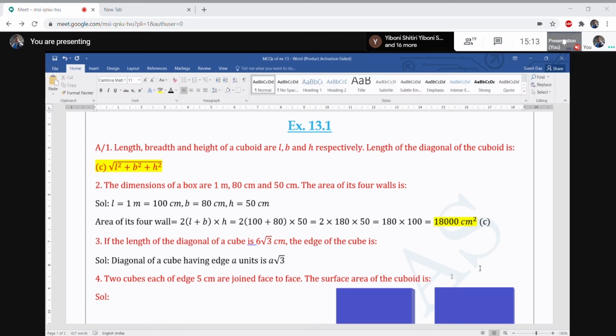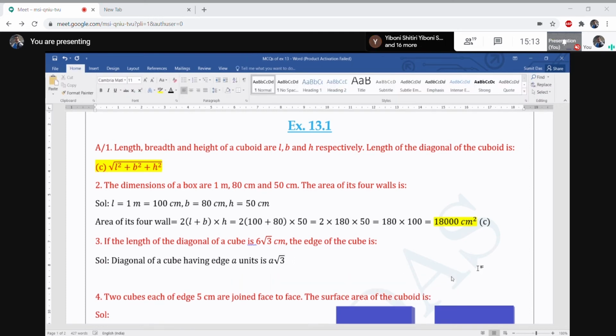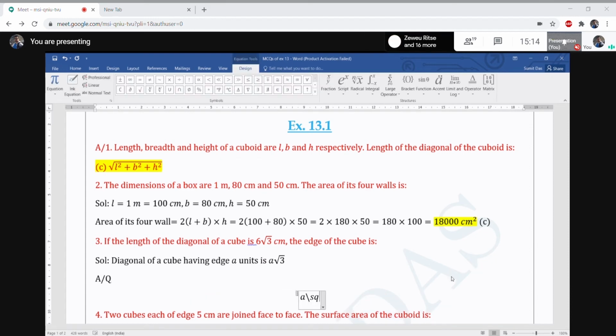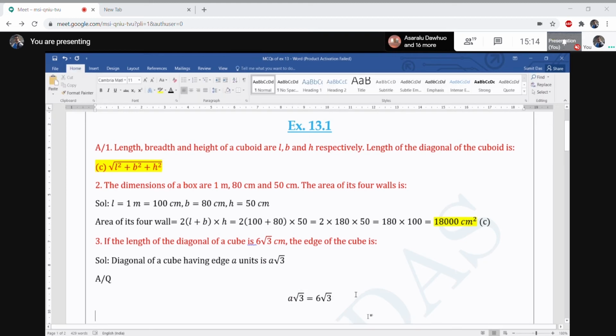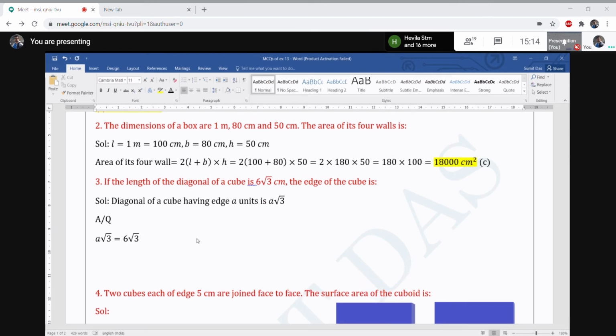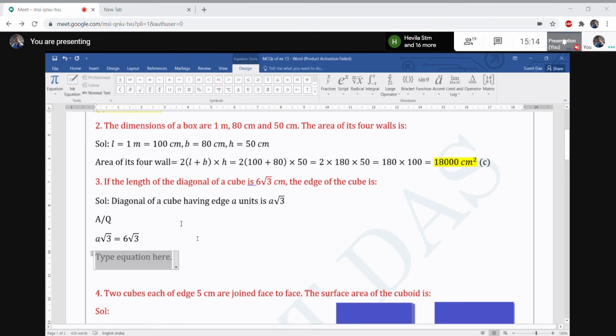Okay, so basically we have to compare this as per the question. A square root of 3 is equal to 6 square root of 3. So from both sides, square root of 3 will cancel, and a equals 6.